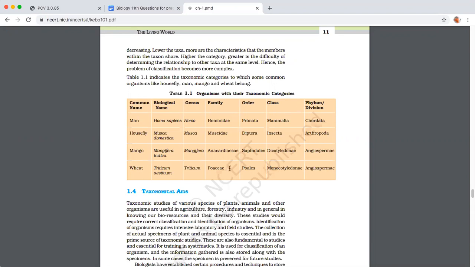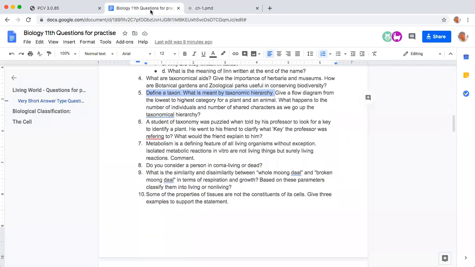From this table you need to study what happens to the number of individuals and number of shared characters as we go up the taxonomic hierarchy. You can also go for Panthera leo.